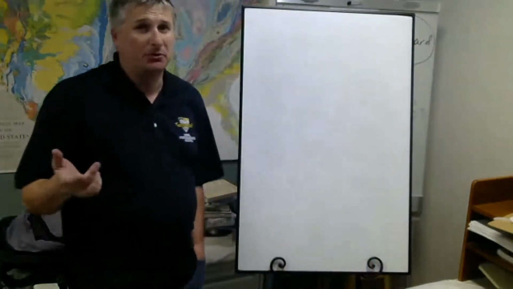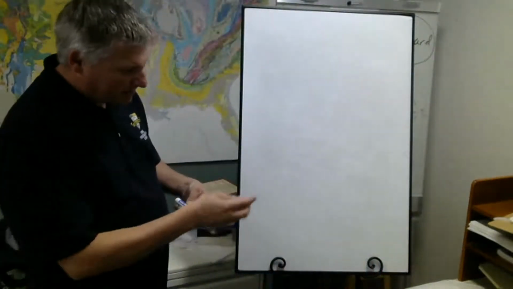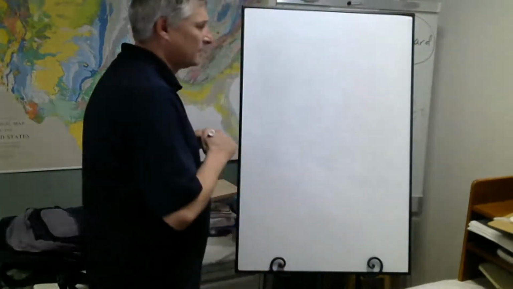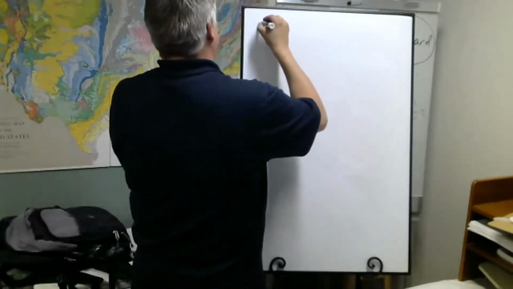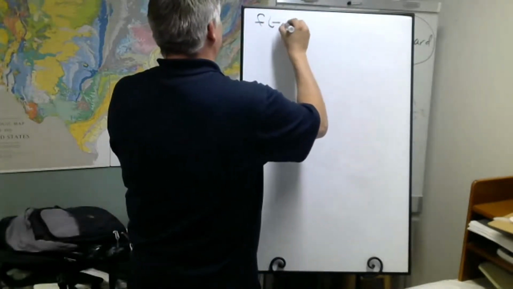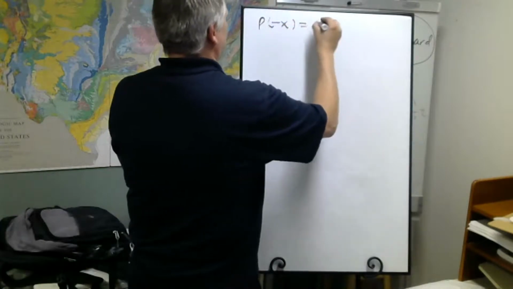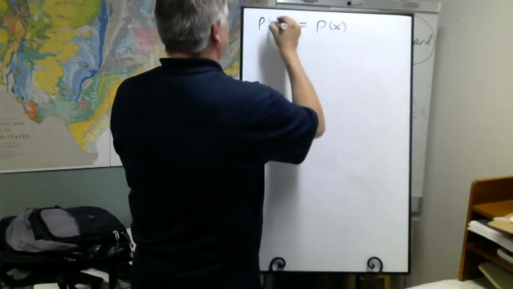So finally, what you can do for these is you can always test for symmetry. What you can do in symmetry for these is kind of hit or miss. A lot of times when you do symmetry tests, you're going to get no symmetry at all. In the two symmetry tests, we're looking for symmetry across the y-axis and symmetry across the origin. What we're looking for is p of minus x just gives you p of x when you simplify it.